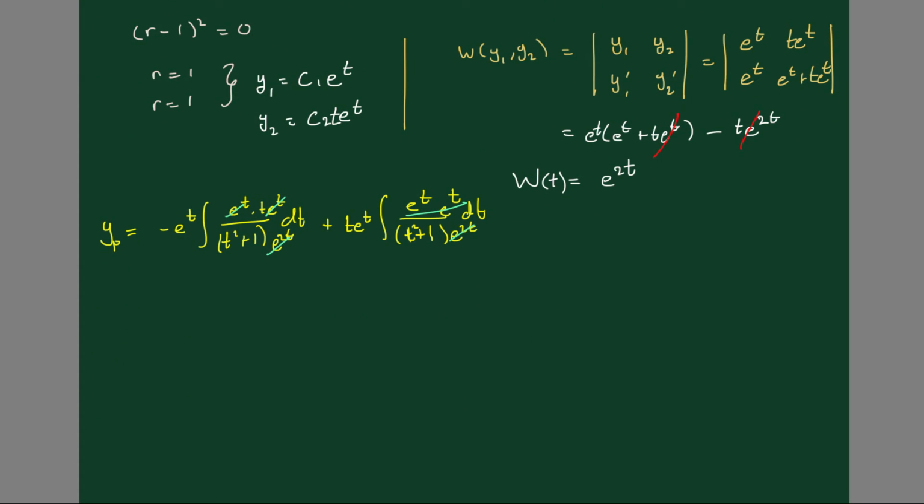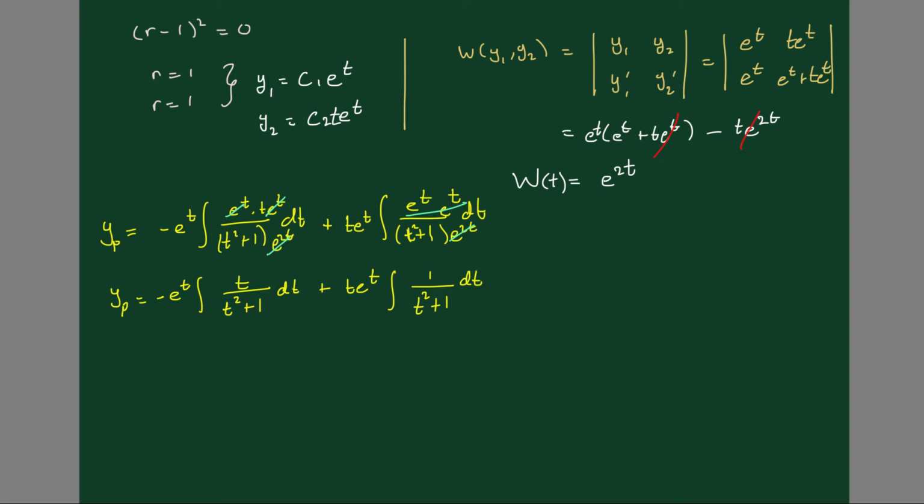So let's see, our particular solution, we can write it as yp equals minus e to the t times the integral of t over t squared plus 1 dt, and plus t e to the power t, and let's see here, times the integral of 1 divided by t squared plus 1 dt.